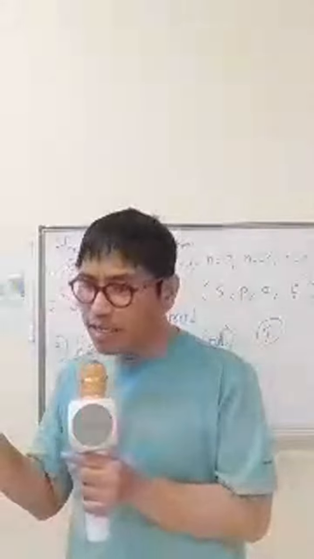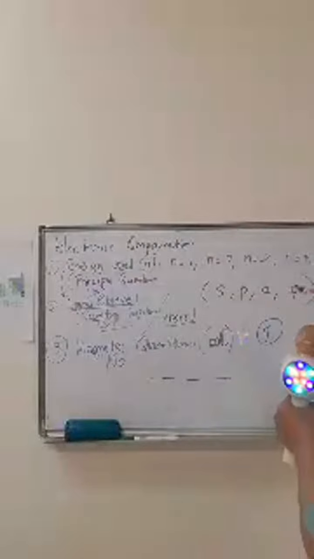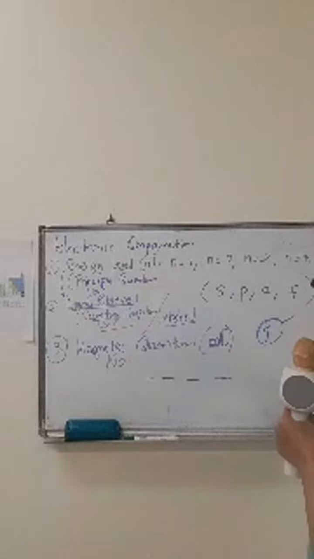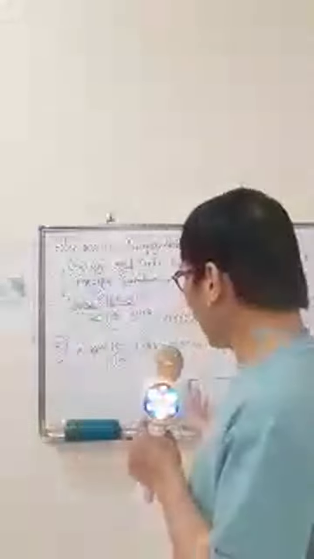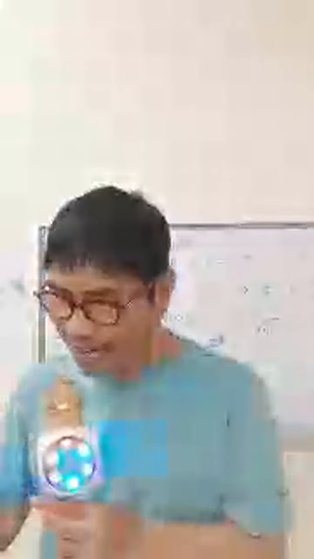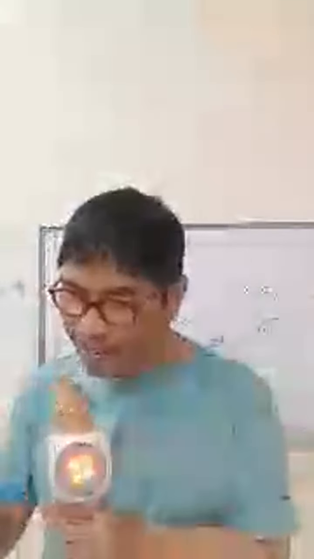What does it mean? Now I will draw. If I have the 4 electrons here, first consider going up and later going down. Since we have 4 orbitals, complete the 4 orbitals first before going back.